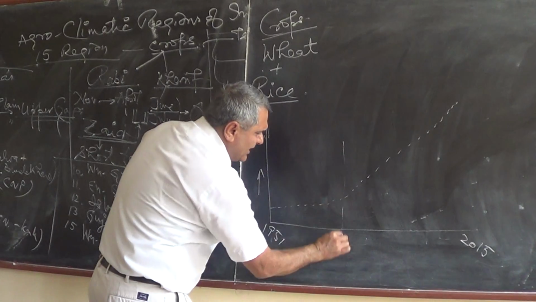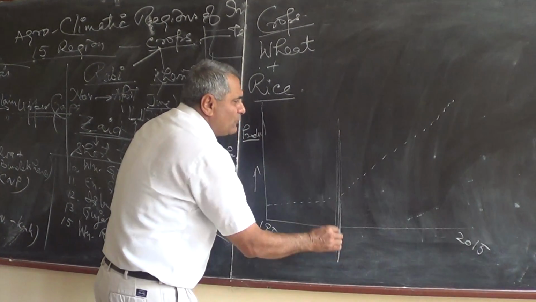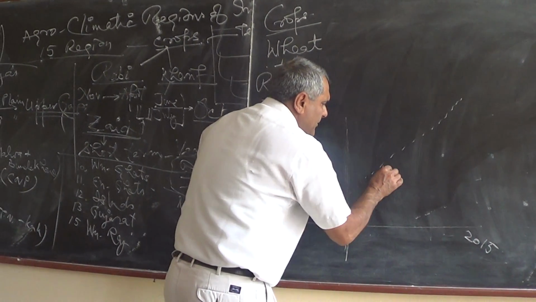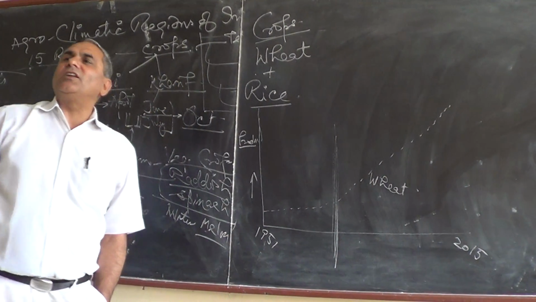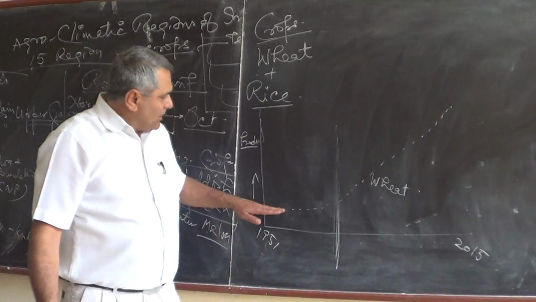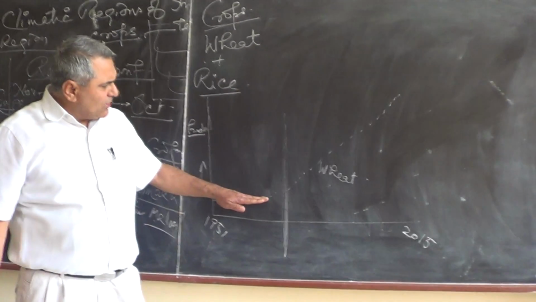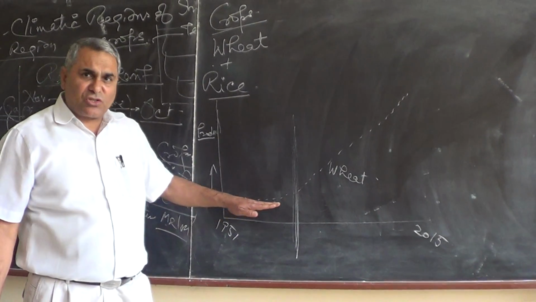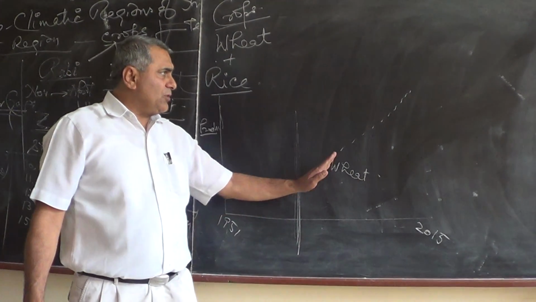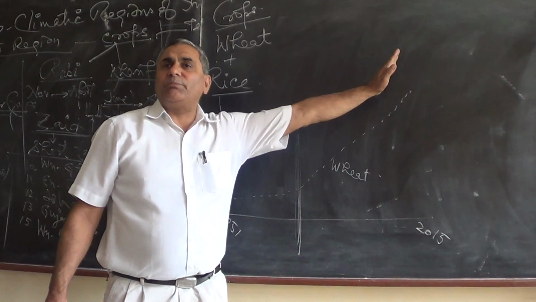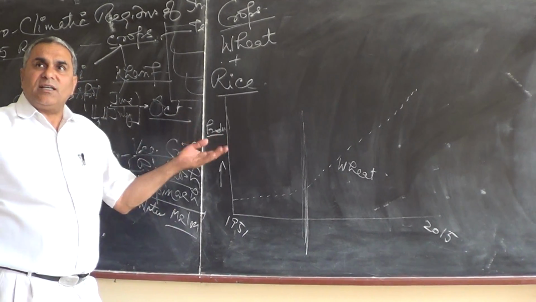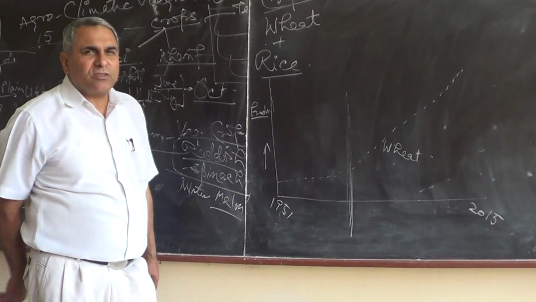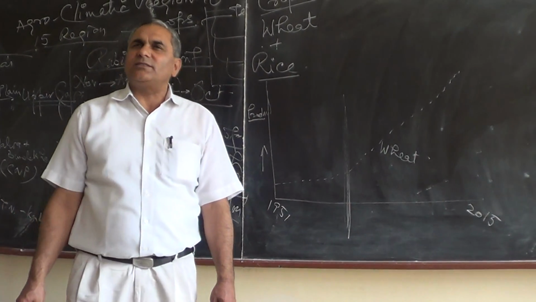This line shows where the green revolution started. Before the green revolution, our wheat production was almost stable. But after the green revolution, wheat production increased rapidly. Still increasing now, because new areas are coming in, because of dwarf and high yielding variety seeds.